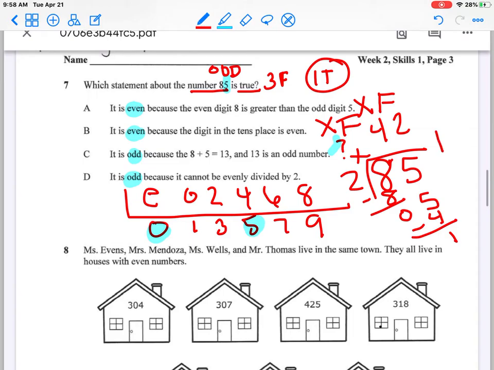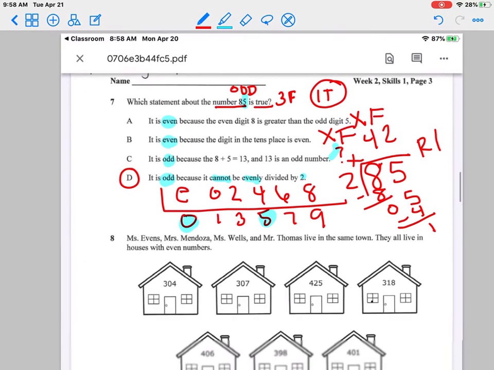So I do have 1 left over. So letter D is true. It's odd because it cannot be divided evenly by 2. And I found my answer. My answer is letter D.